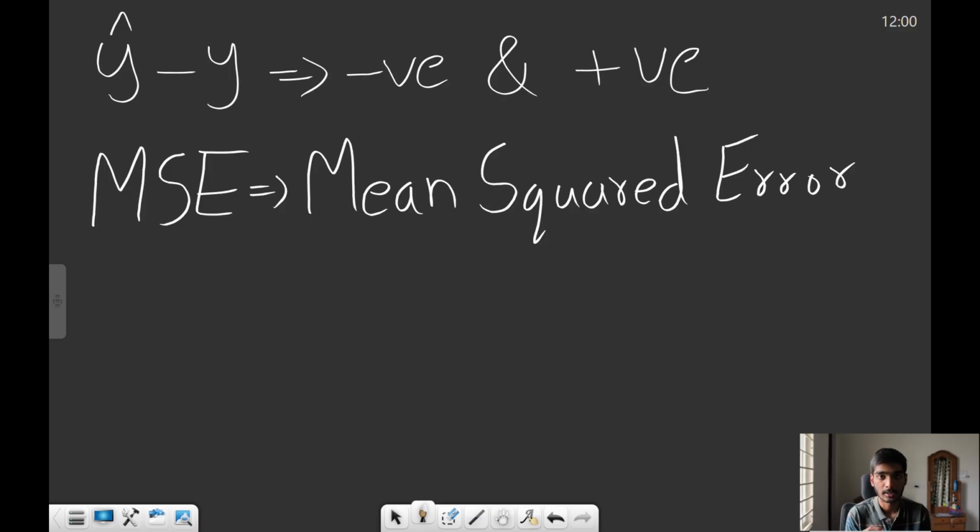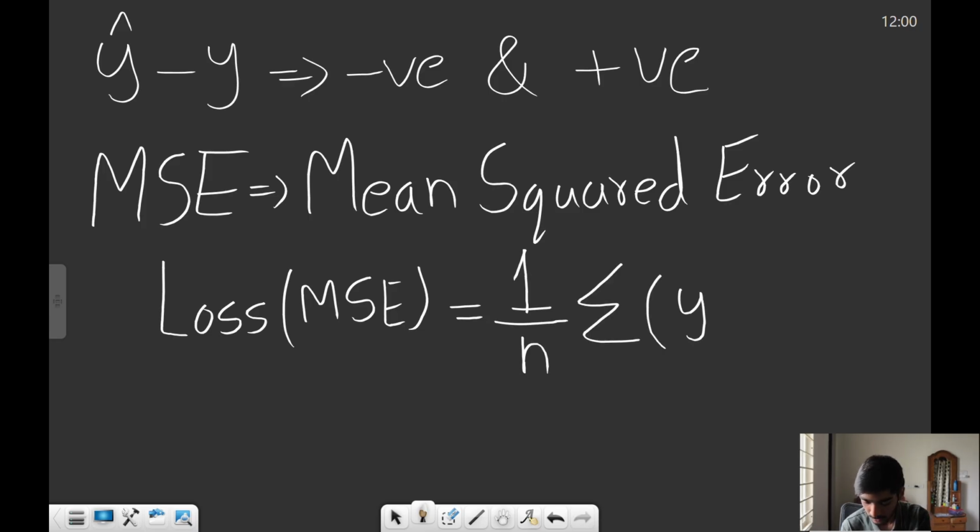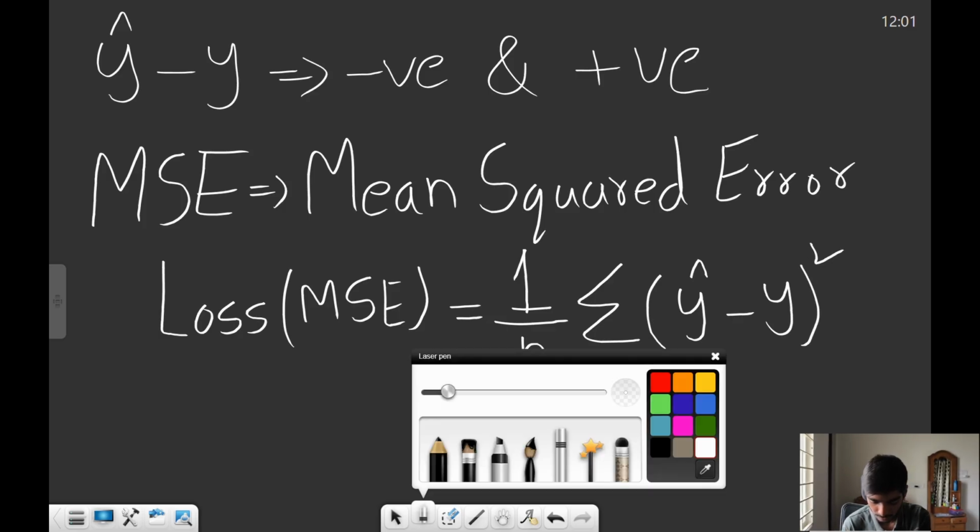So we use mean squared error to calculate the loss function. Let me give you the formula for this. The loss function MSE is defined as the mean of the sum of the squares of differences between the predicted value and the actual value, where n represents the total number of entries.